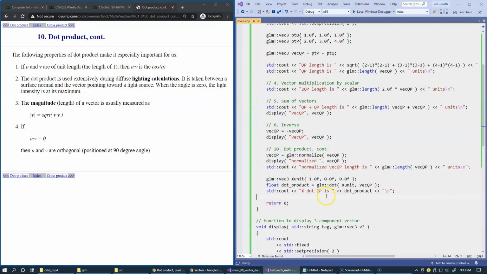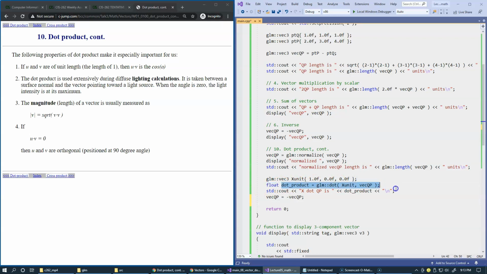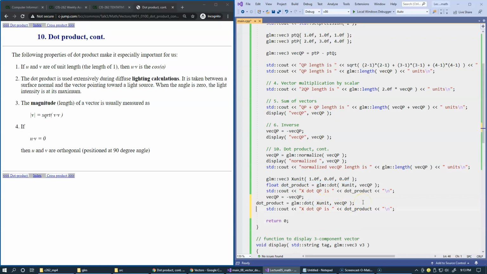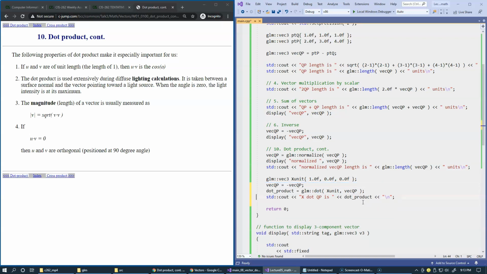So let's inverse our vector QP one more time. Compute the dot product again and make it visible again. In fact, we can probably just inverse and do it like this.